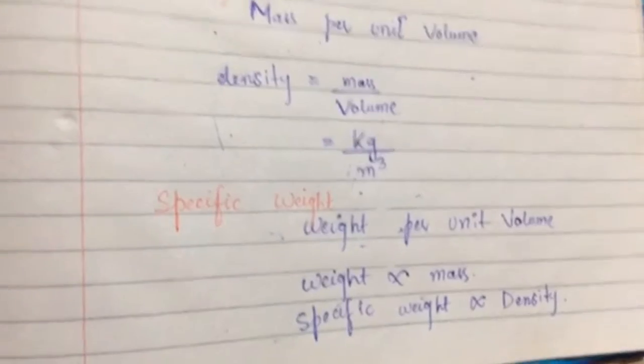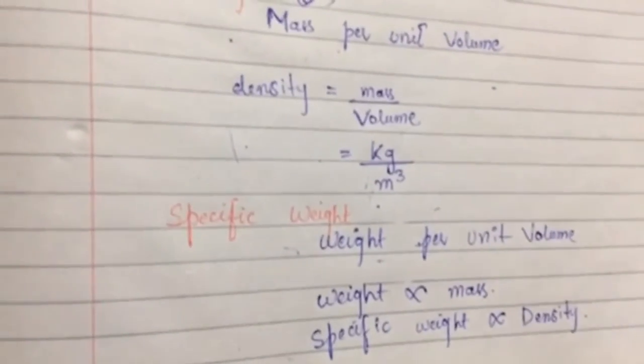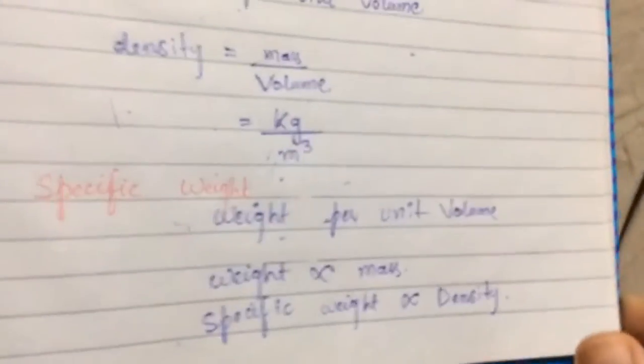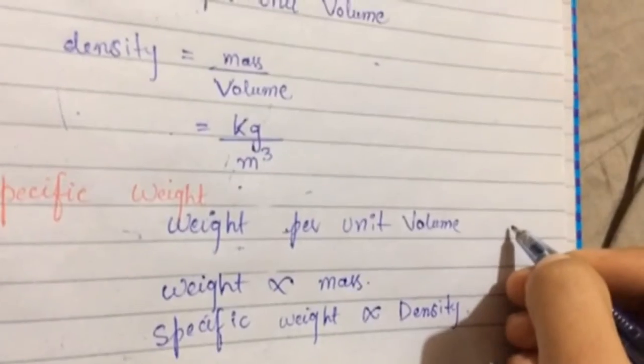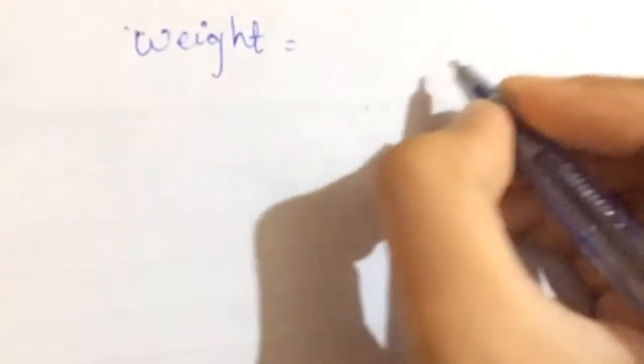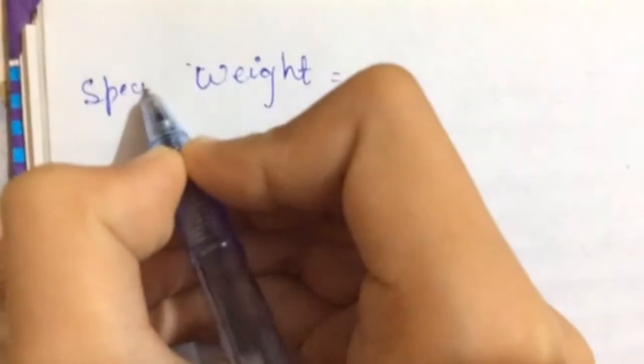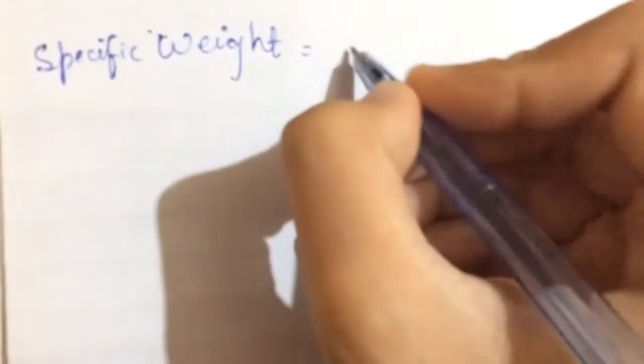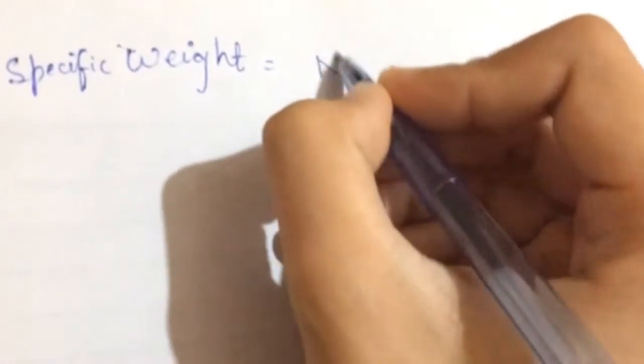After that, we have seen the units of specific weight. On the next page, specific weight is equal to units of weight divided by units of volume.